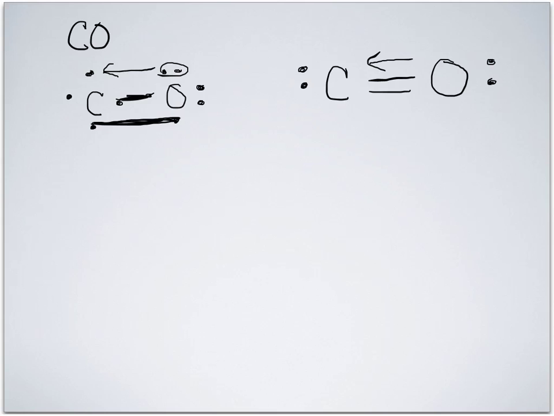Oxygen has an unshared pair. So here is how it looks with carbon monoxide. And this is what I want to make sure that you understand: this bond right here was donated by oxygen. Both electrons were donated in there when it formed that particular bond. That's a coordinate covalent bond, and that's how that works.